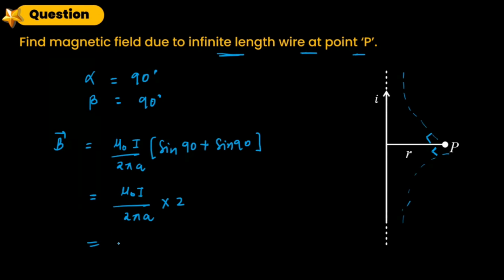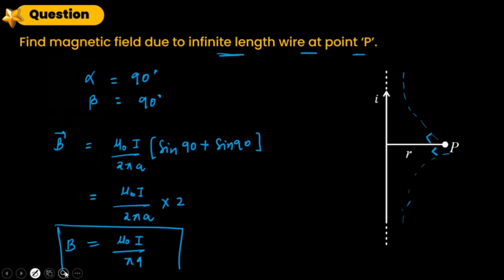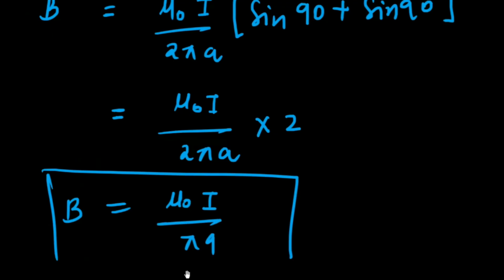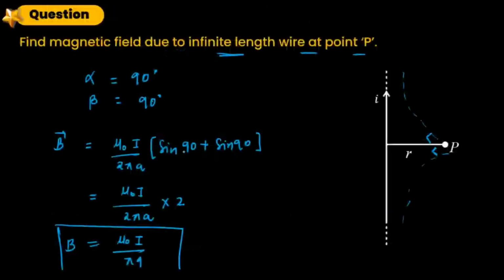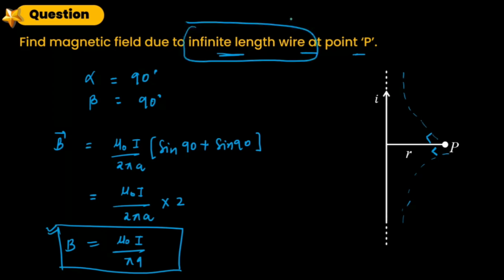So 1 plus 1 is going to be the magnetic field due to this infinite length wire. Remember this, and we can use it as a direct relation.